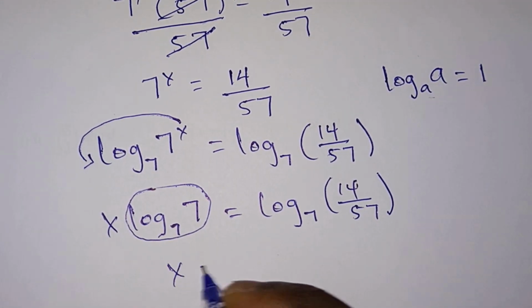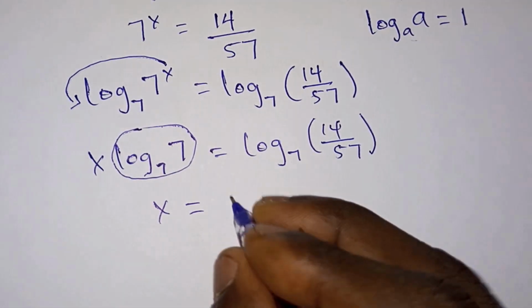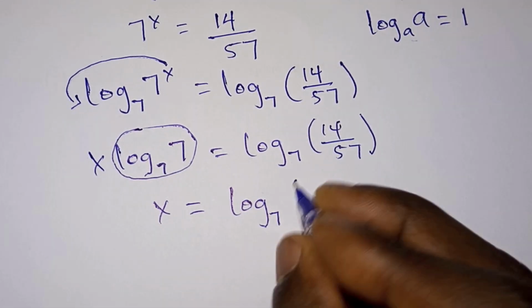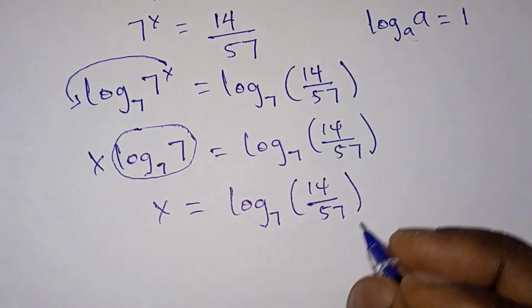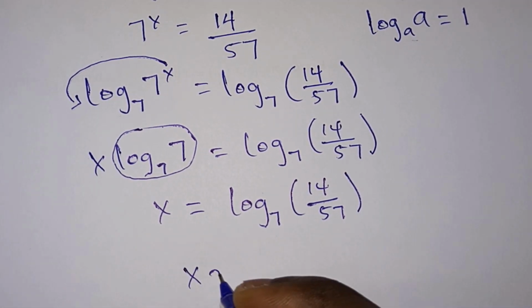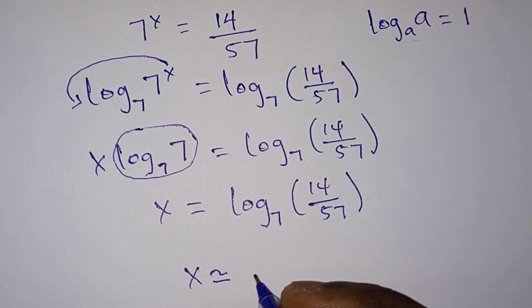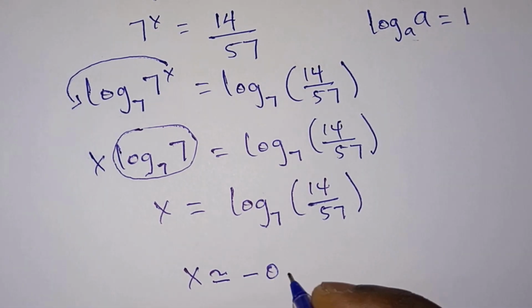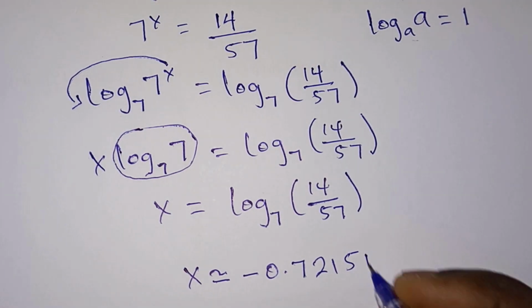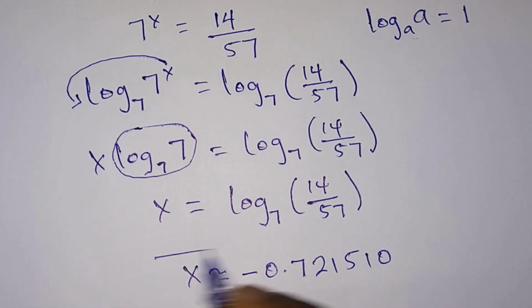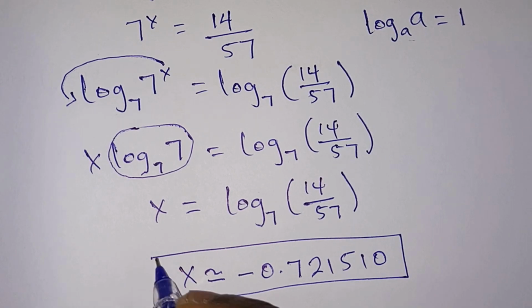So we have x is equal to log in base 7 of 14 over 57. And approximately, x is equal to negative 0.7211510. So this is the value for x.